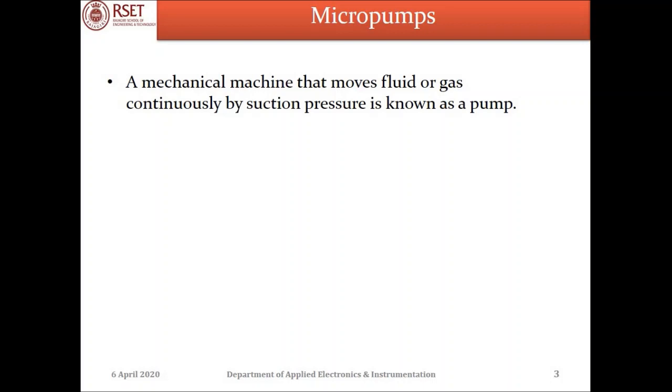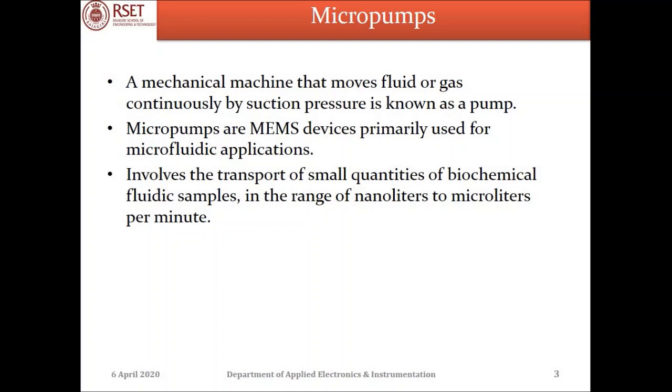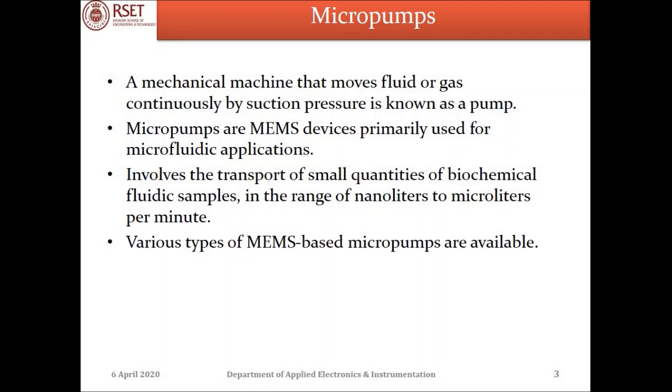A mechanical machine that moves fluid or gas continuously by suction pressure is known as a pump. Micropumps are MEMS devices primarily used for microfluidic applications. It involves the transport of small quantities of biochemical fluidic samples in the range of nanoliters to microliters per minute.